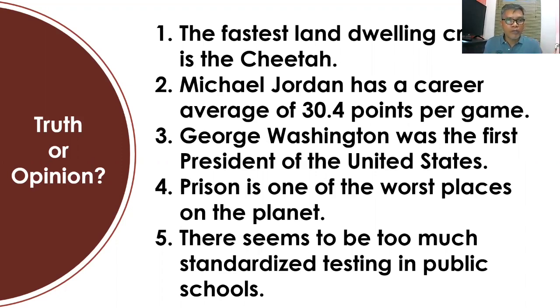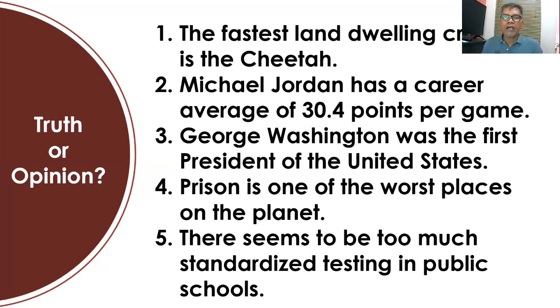So, for the author, how about to others? So, that is his own description. Maybe some other people can say that the fastest land-dwelling creature is another animal. So, this is an opinion of the author. We cannot verify.